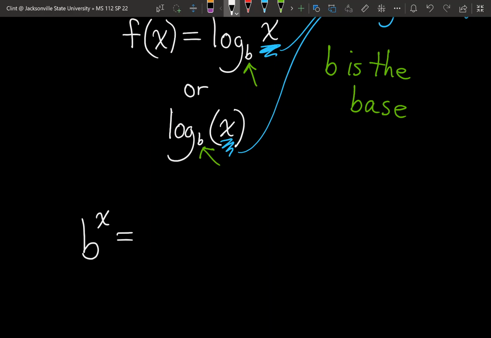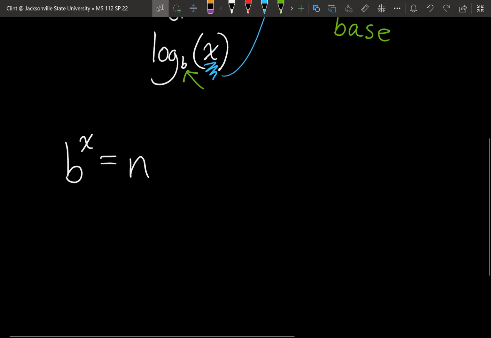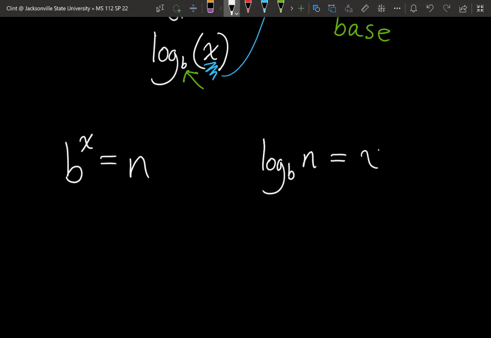Let's say we had that as an equation. So we've got some number to the x power equals n. We could write that in logarithm form. We could say the log with the base of b of n equals x. So these two equations say the same thing.